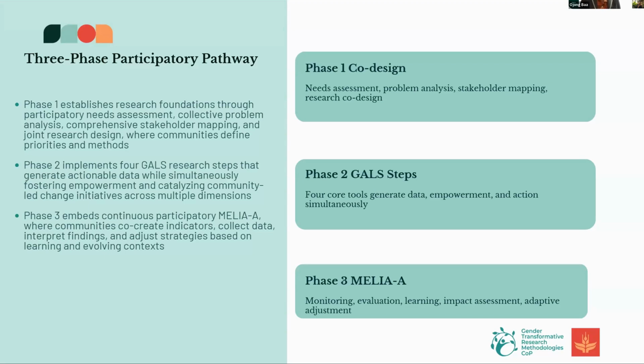So communities tend to define and prioritize their needs through the research co-design methods that we introduce. And this is very important because, and we'll see this, I think, in our next slide, the first phase is really a core research foundation phase, which we are introducing.